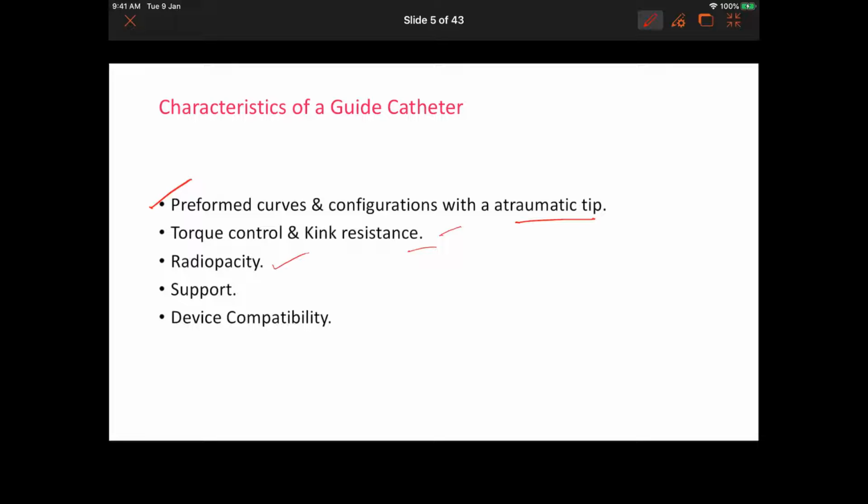And it should be radio opaque so that you can visualize it easily. It gives support so that when you carry in a device, it doesn't buckle. And it should have device compatibility. So the inner diameter or the inner lumen should be sufficient to accommodate the devices that you want to take in. So these should be the characteristics of guide catheters.